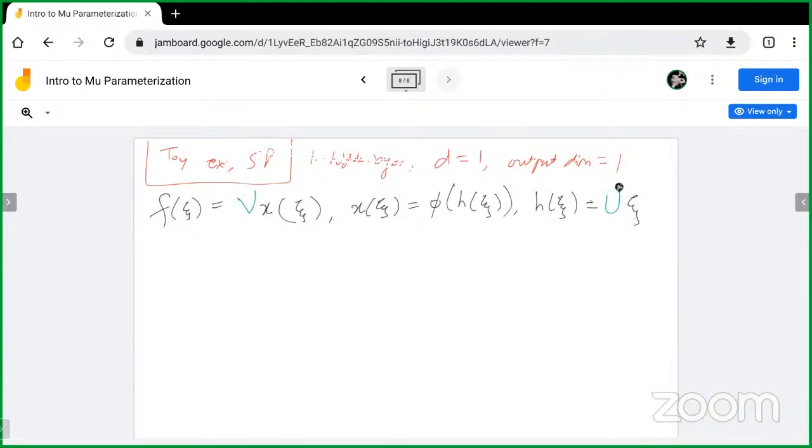Okay, so this is what it looks like. Here v and u are your variable parameters.